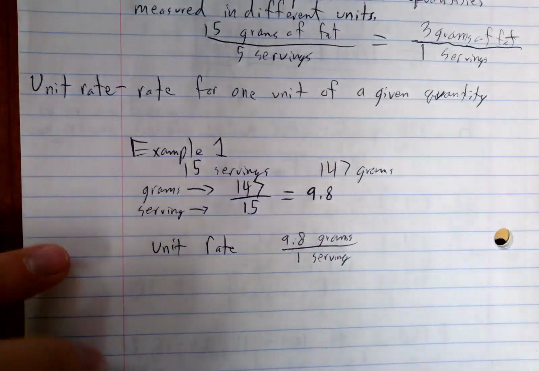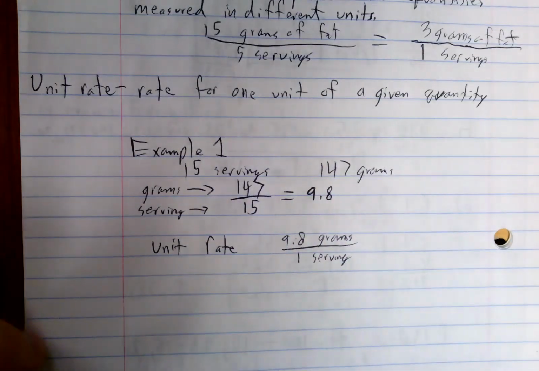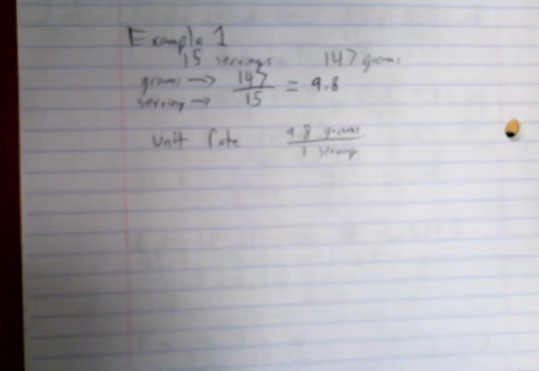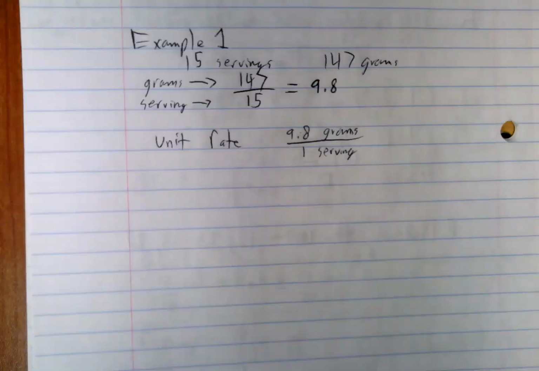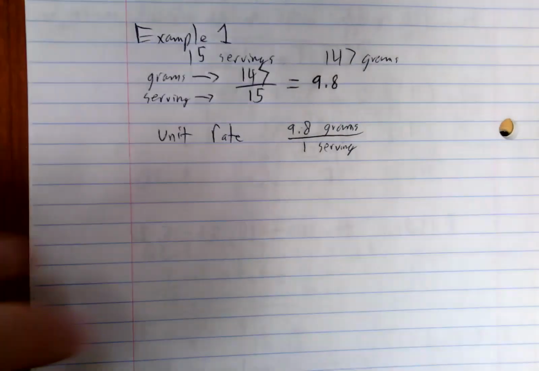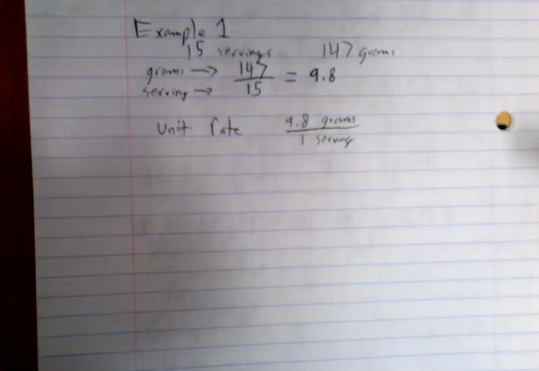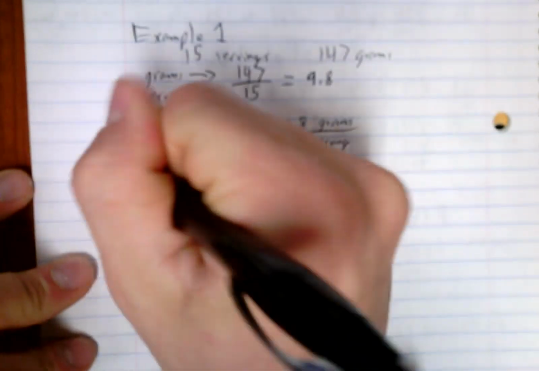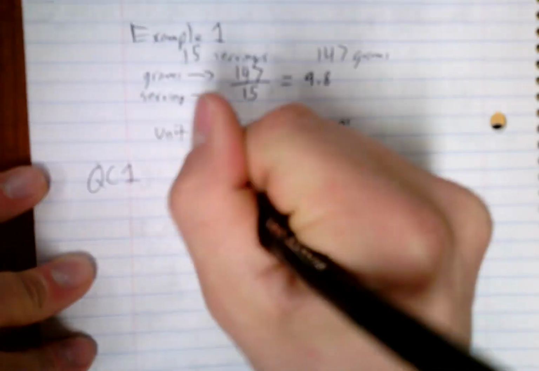So now I want you to pause the video and go ahead and do quick check number 1. Quick check number 1 says find the unit rate for 210 heartbeats in 3 minutes.